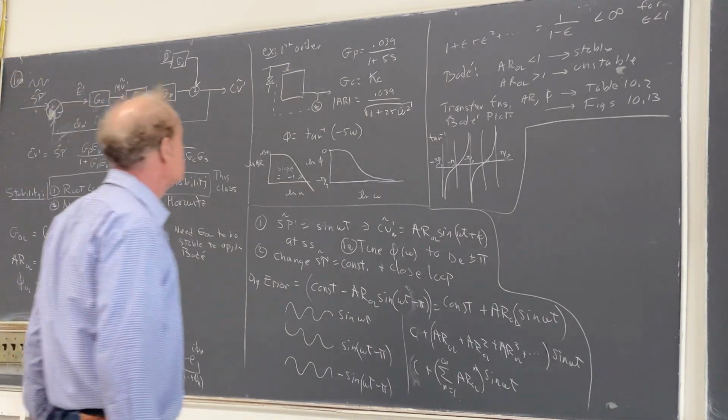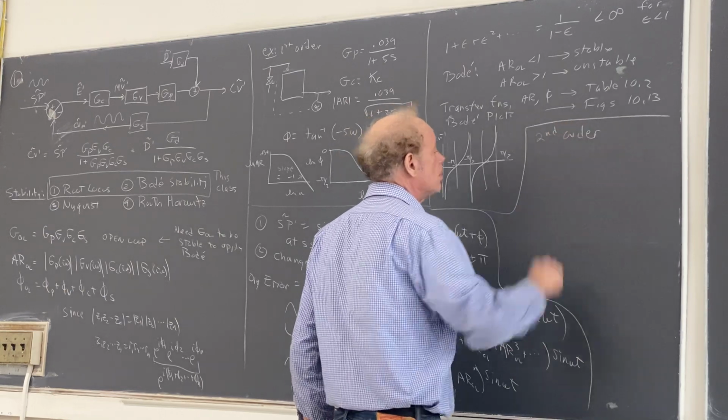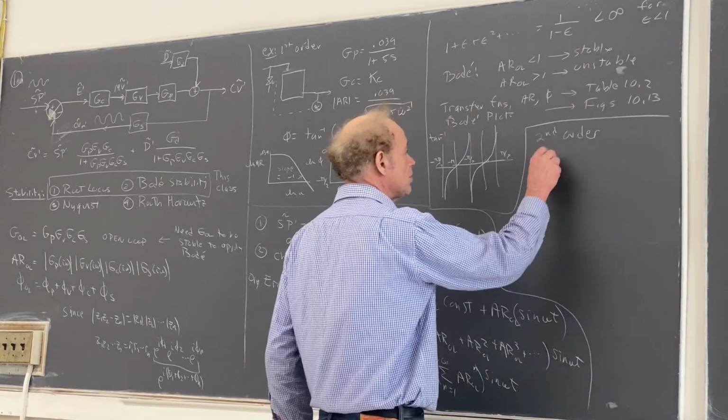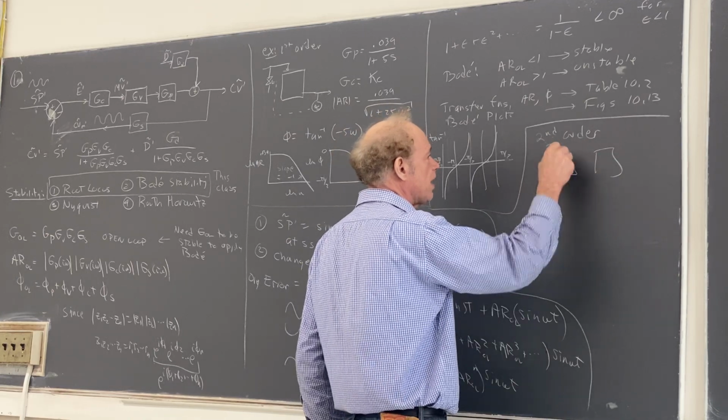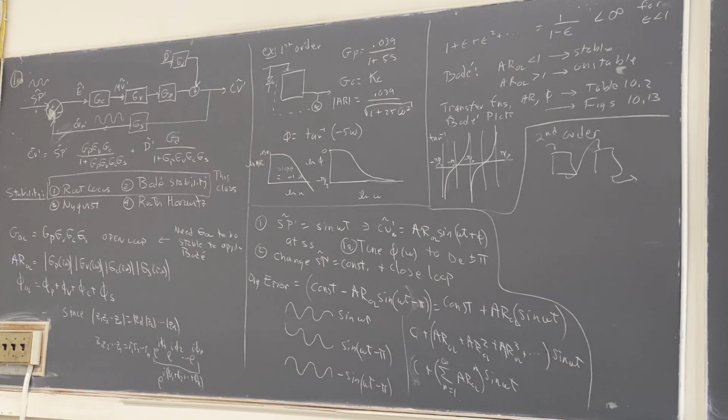Okay, so let's look at a second order system. Do I want to put numbers in, or should I just do a generic second order system? Let's do a generic second order system. So, for example, one of these where I have 2 CSTRs in series, and what kind of controller do I want to put on here?